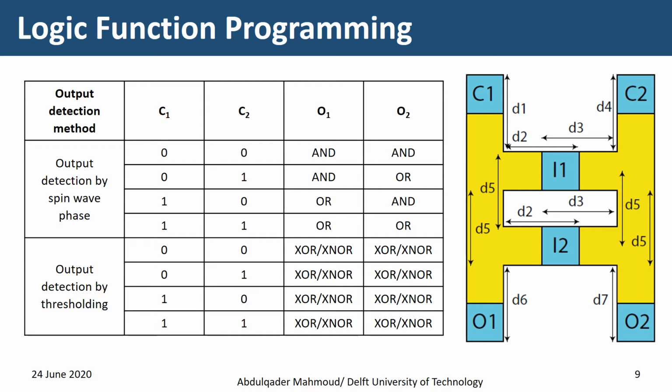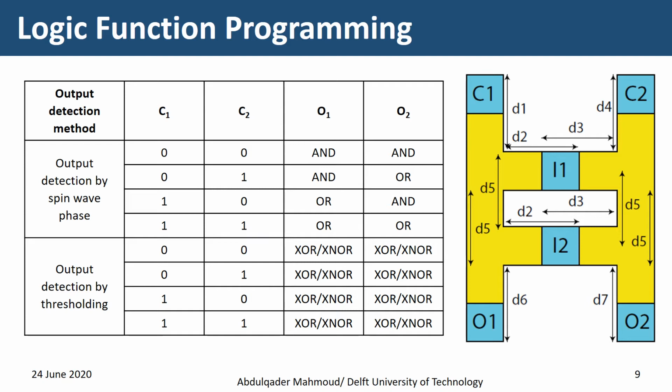Whereas if one of them is 0 and the other is 1, then this one will be AND of I1 and I2, and this one will be OR of I1 and I2, and likewise the third and fourth case.